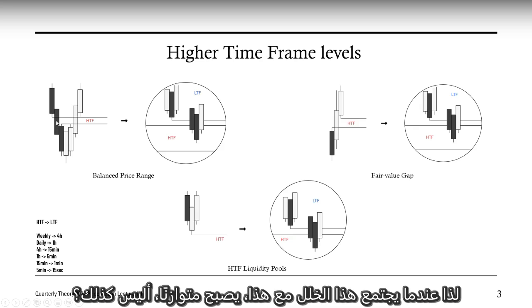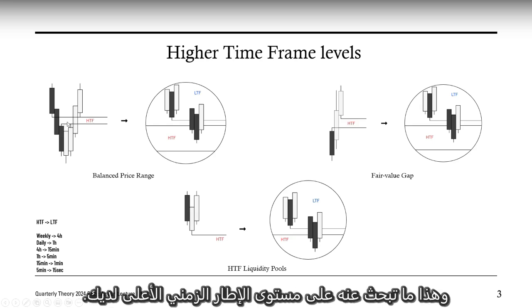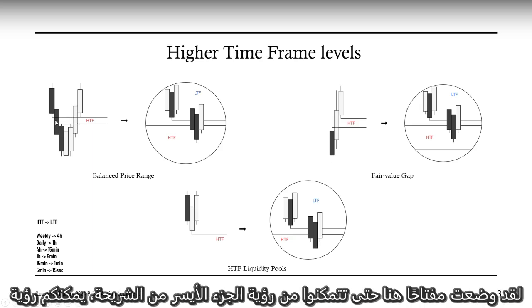So when this imbalance meets with this, it becomes balanced, right? So this is very powerful. You can use this to see a change in the state of delivery. And this is what you're looking for on your higher time frame level.